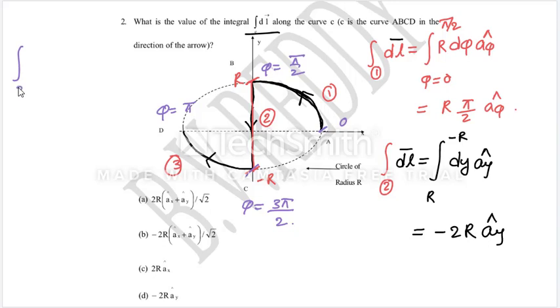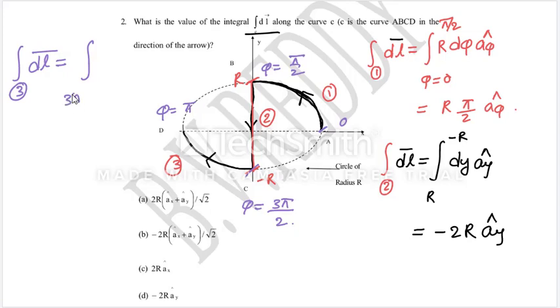So this is the third path, the integral of dl. The variable here is phi, which changes.